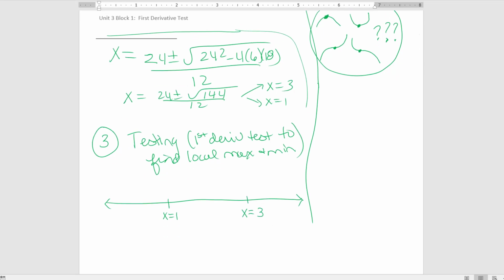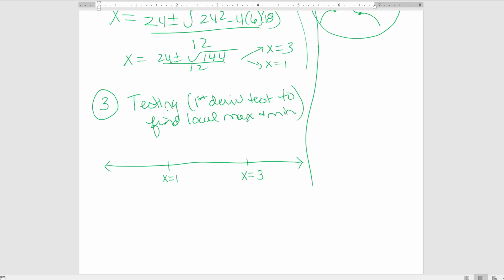I'm now going to start merging the mathematical facts side of this page with the conclusion side of this page. On the number line, I'm going to always write conclusions about what's going on with f prime and also what's going on with f. So first I'll start with the critical points. What we've learned is that x equals 1 causes f prime to equal 0.